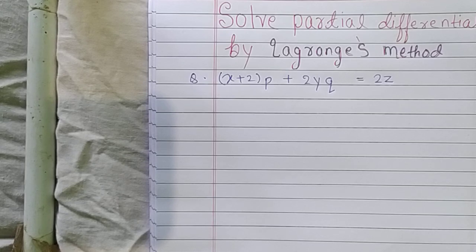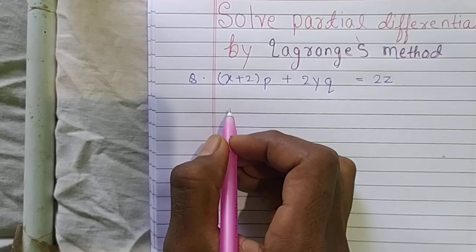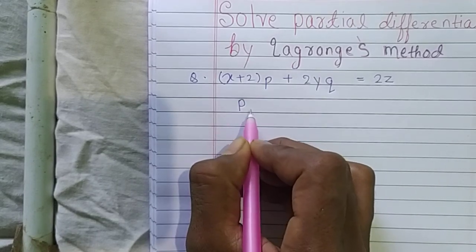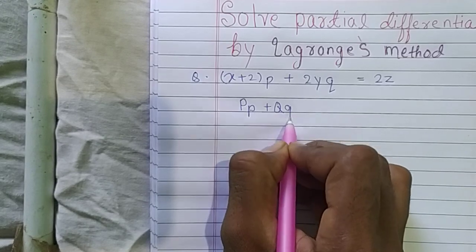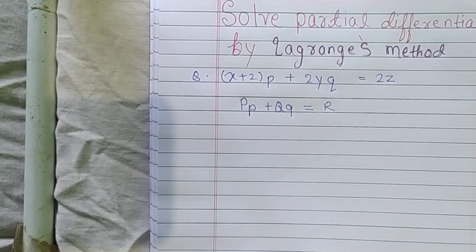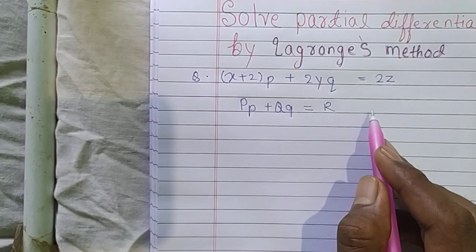First of all, the Lagrange method has some form, and the form is this. First you see the form. The form says that we have capital P times small p plus capital Q times small q is equal to R, right? This is the standard form of Lagrange.